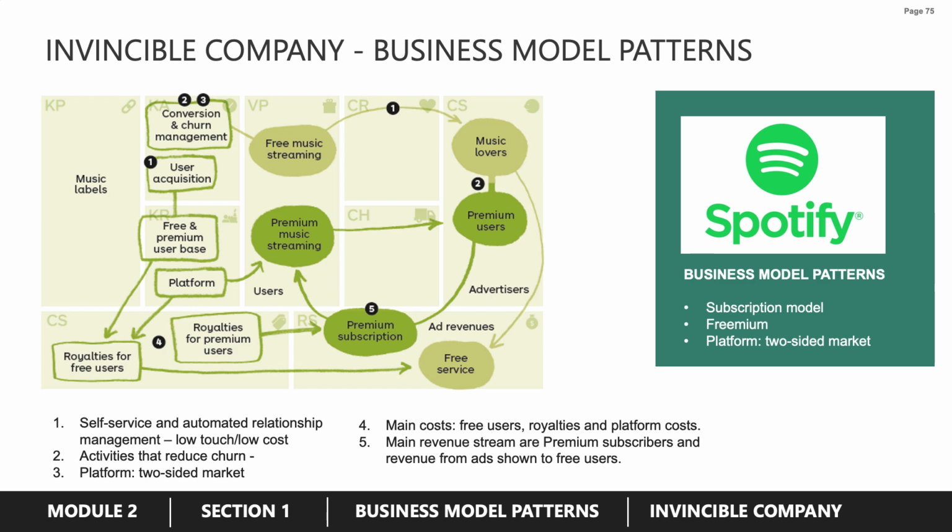The second thing they have to focus on is the fact that not all premium users will stay premium users, so there's churn. And so their sales and marketing activities are very much geared up to acquiring new users. When I say users, I mean both free and premium.